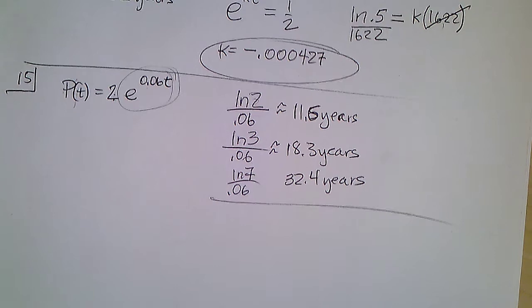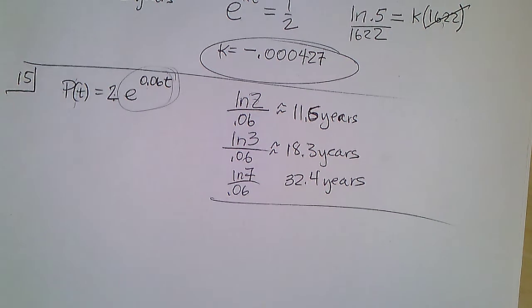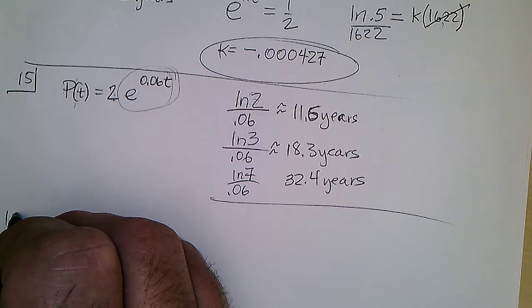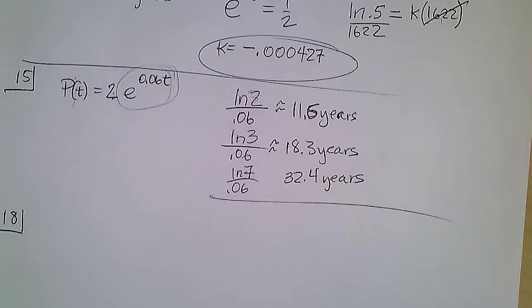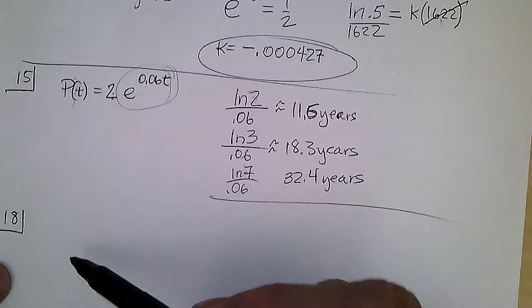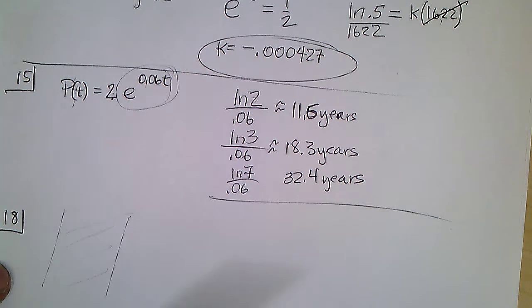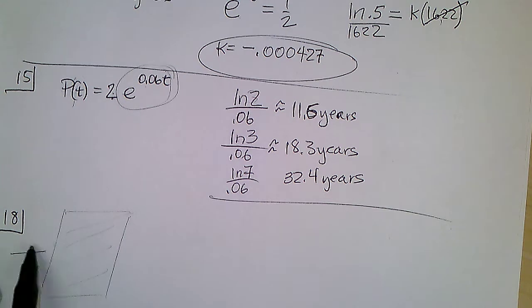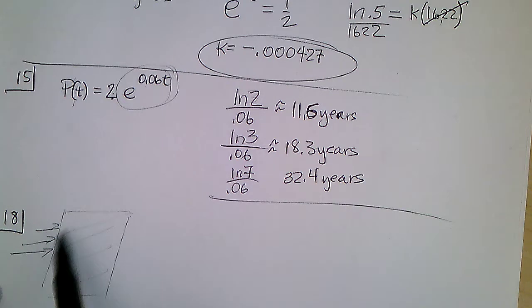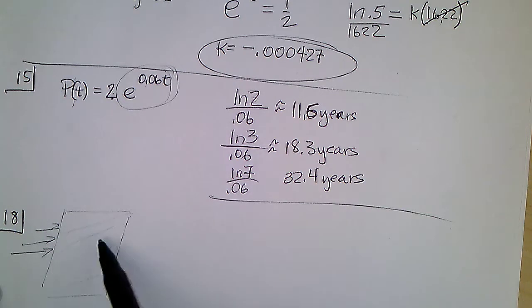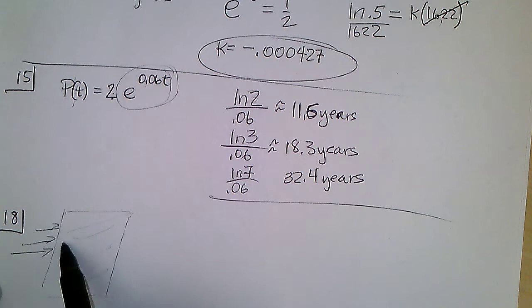Okay. And now we're on to, let's do 18. Several people asked about this. And it says, if light enters some kind of material, could be water, could be dirty water, could be plastic, and the further the light tries to go in through the material, the more the material absorbs the light and it gets less intense as you go in.